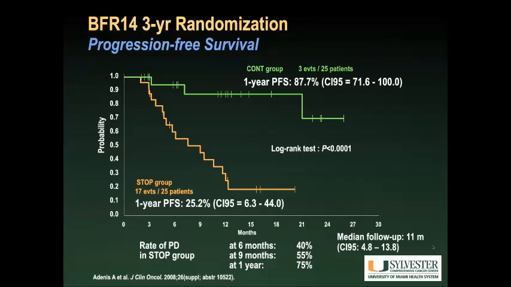After 3 years of Imatinib for metastatic GIST, if a patient discontinues, on the orange curve, about 75% of the patients have progressed, or only 25% are progression-free.